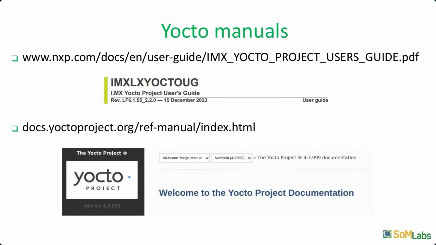Yocto is a huge project, so of course it needs good documentation, and we will find it almost everywhere on the web. The most important documentation sources are the manufacturer documents, like NXP, that provides documents for their processors.